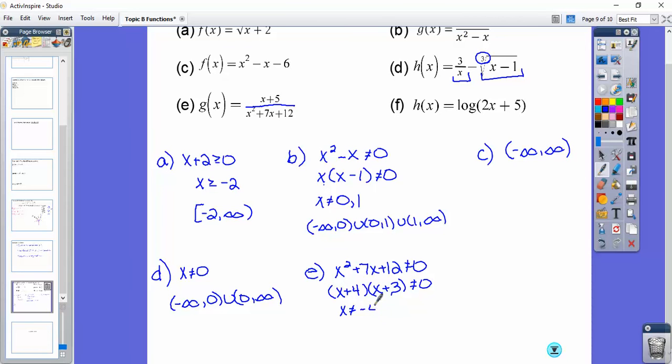So x can't be a -4 or a -3. Again, you can leave it that way because it's more than one value. If you want the interval, -infinity to -4, union -4 to -3, union -3 to infinity.